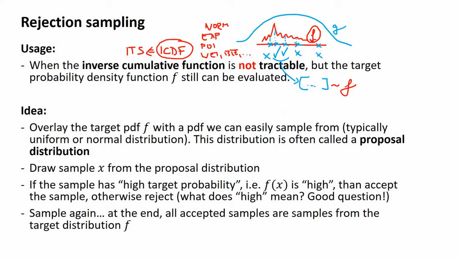So now the good question is, how do I determine whether the probability of this sample is high or low? Here I just randomly set high or low, and in real life we need something more deterministic, and we will look at it right now.